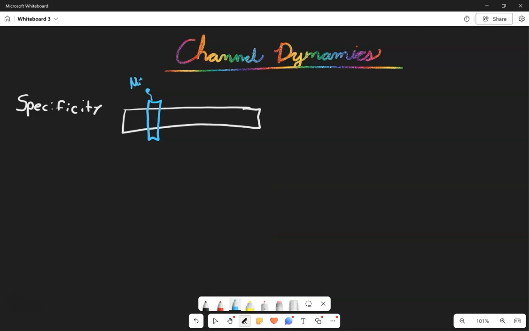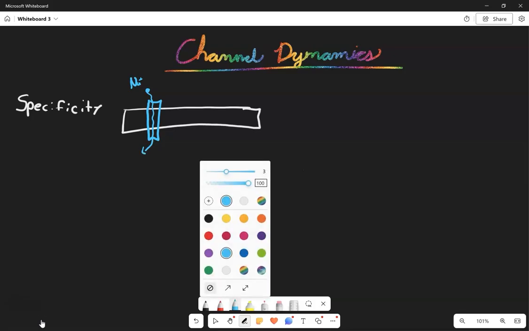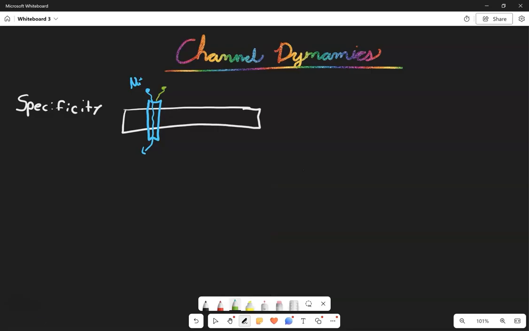So sodium can move through this channel. But let's say chloride tries to come in and move through this channel. It's blocked.